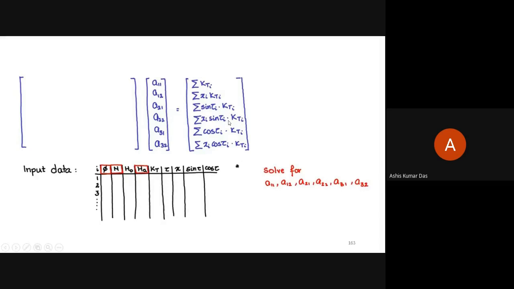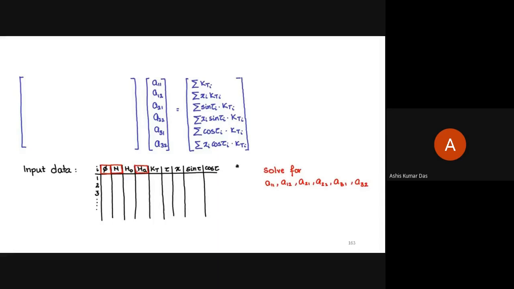So normally we have to get the set of input data. What are the set of input data we are getting? We are getting the latitude, the day number, and the HA, that means the incident energy with atmospheric condition, measured by the pyranometer, which measures the insolation.